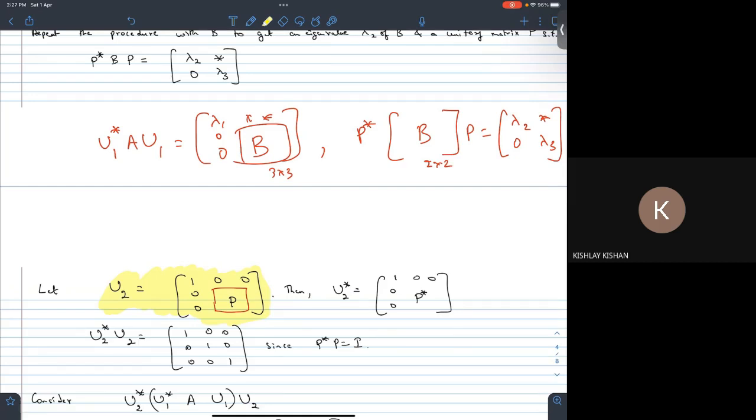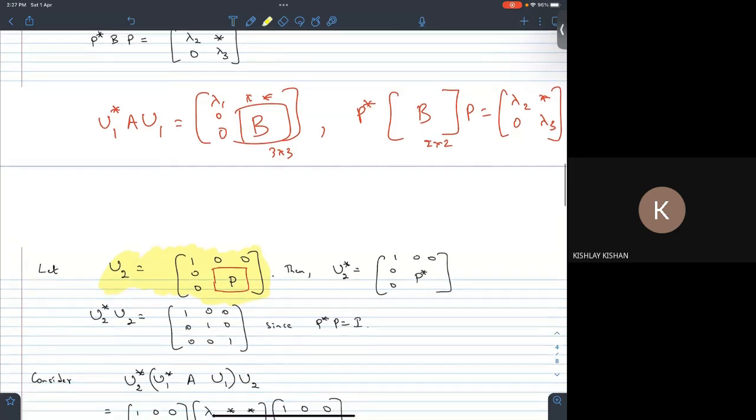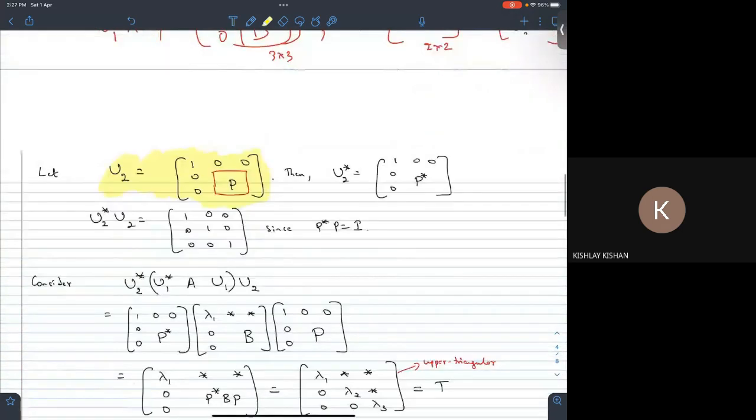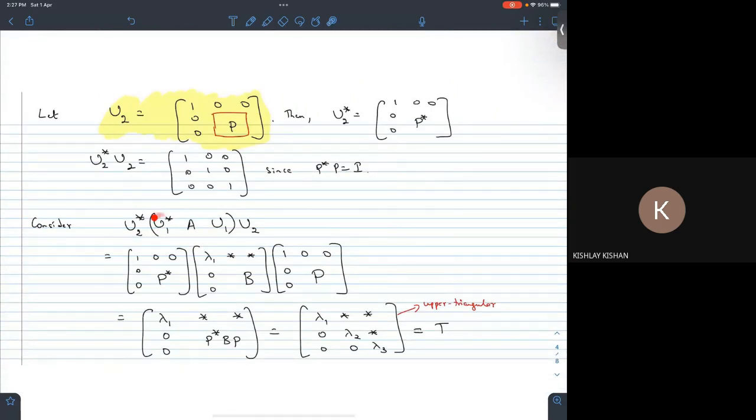The point is, if you take U2 and U1, and if I look at this product, this entire product will be an upper triangular matrix.